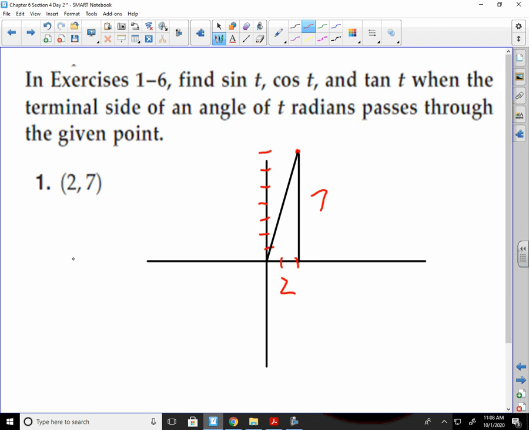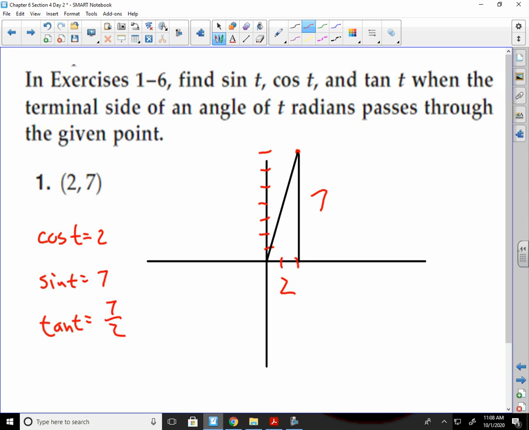So if I'm asked to find the cosine of t, it's just my x value, 2. My sine of t is 7. My tangent of t is just sine over cosine.